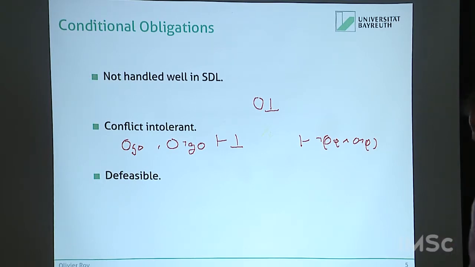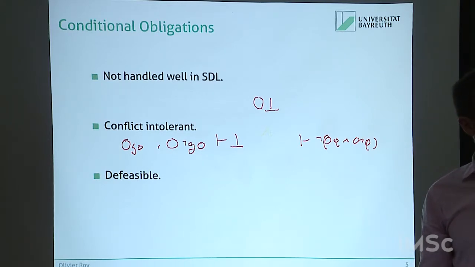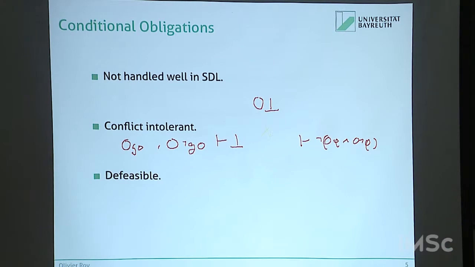And we will see that any logic that has an unrestricted form of closure under intersection will get you that. Because if you ought to go and you ought not to go, and it's closed under intersection, then you ought to go and not go, and that's a contradiction. So you have to restrict closure under intersection, and we'll see that the logic for conditional obligation that I will present, in one of its variations, is actually conflict tolerant in a very nice way.